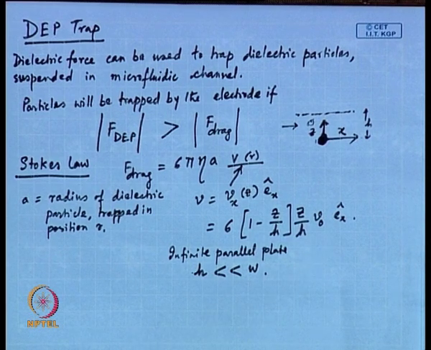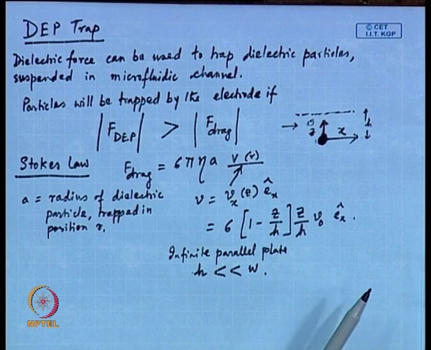A is given, epsilon is given, and now I have this much electric field at my disposal. Tell me what should be the V naught such that I can trap the particle, because if you are beyond that V naught, then you cannot trap the particle, it will simply flow away. That is what we are trying to establish, and by doing this we would have some clarification on how the DEP force etc. are handled. That is the objective.